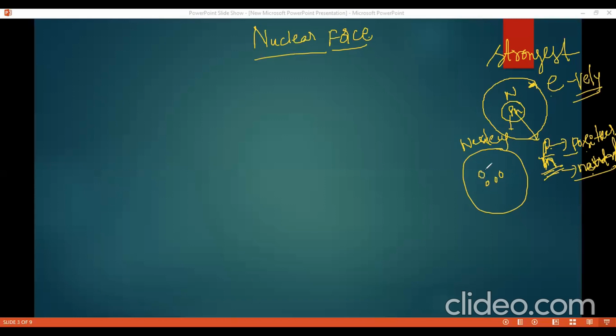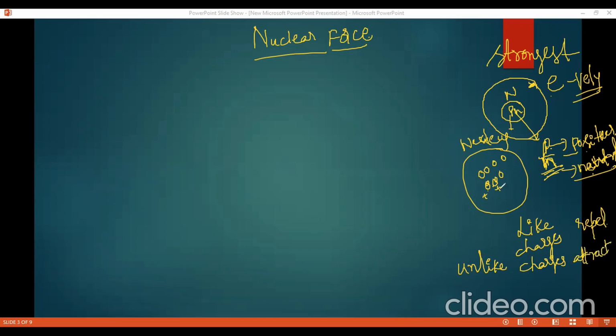Here it contains protons, and between two protons, because both are positively charged, there should be repulsion. You know the law of charges: like charges repel, and unlike charges attract. In spite of the large electric repulsion between protons, the nuclear force holds them together.